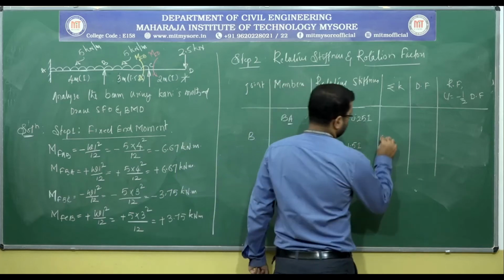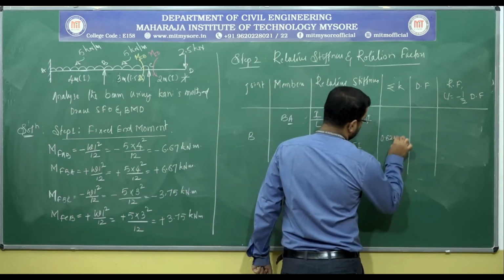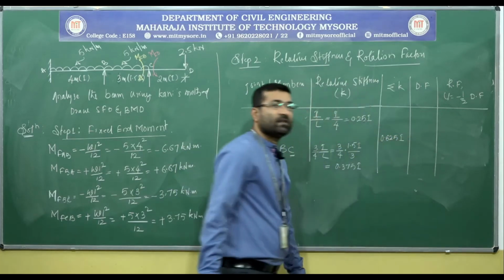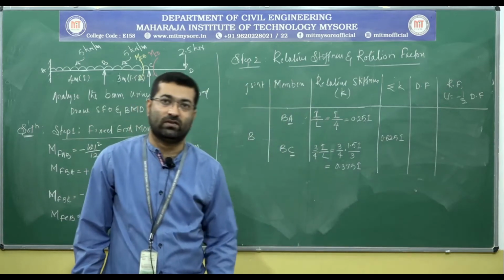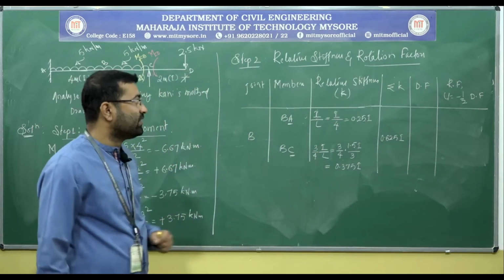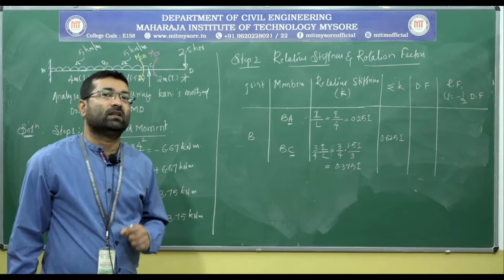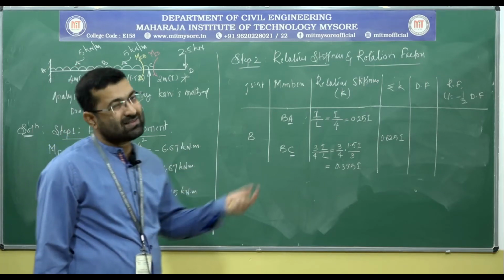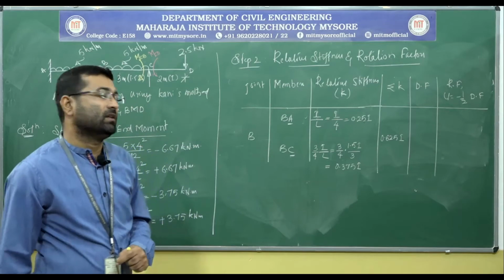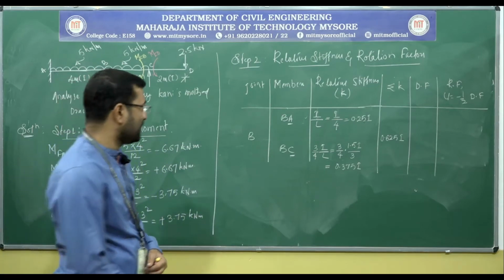The total relative stiffness at joint B is 0.625 I. Using these values we can calculate the distribution factors, or else you can directly calculate the rotation factors also.